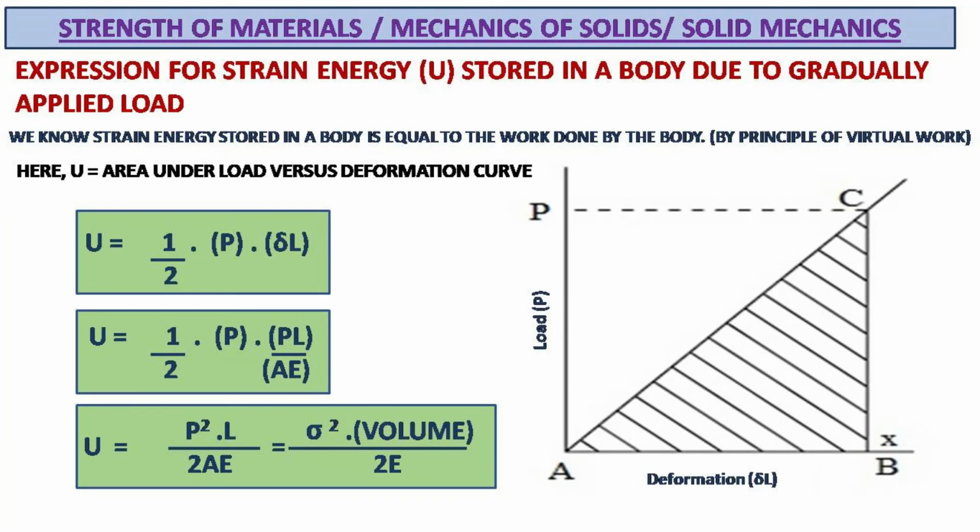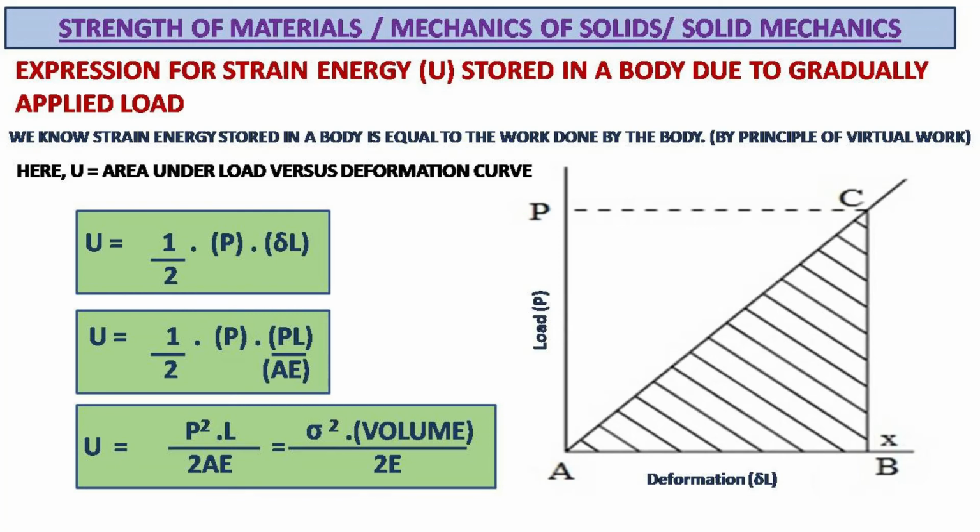Slide 23. In this slide we are deriving a formula for strain energy stored in a body due to gradually applied load. Here, the figure shows the stress-strain curve of a material under gradual loading. We know, as the load increases, deformation in the bar also increases. If the load applied on the body is 0, then the deformation also will be equal to 0.